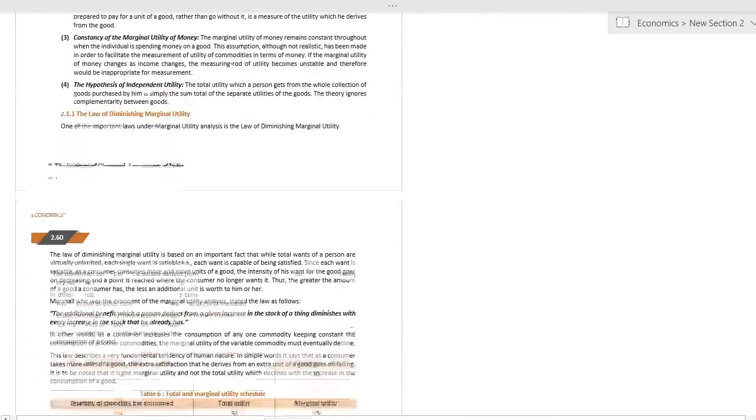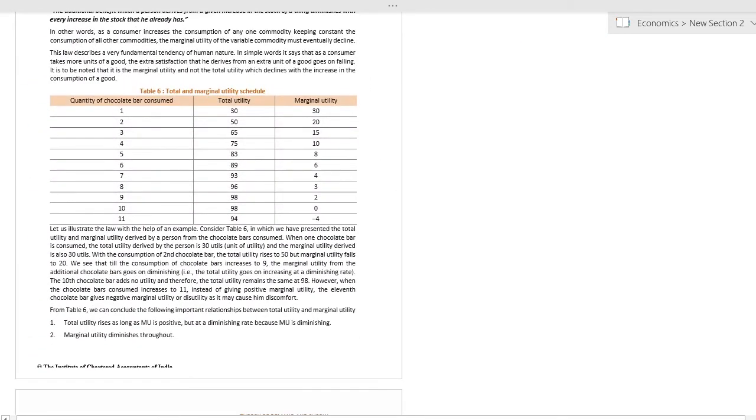For that, we'll approach the table here. So you are consuming chocolate bars, and also remember that in this approach, utility can be measured in terms of units called utils. Let us say when you consume one chocolate bar, the utility that you got is 30.